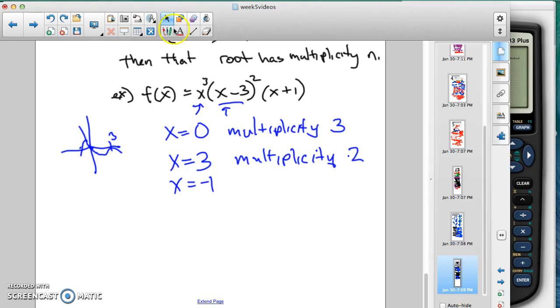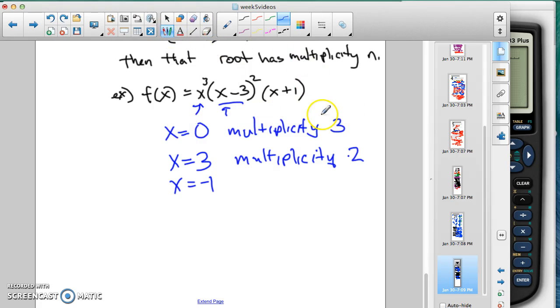What I'm trying to say here is that when we have an odd multiplicity, it's going to cross the axis. This one crosses the axis. The graph does.